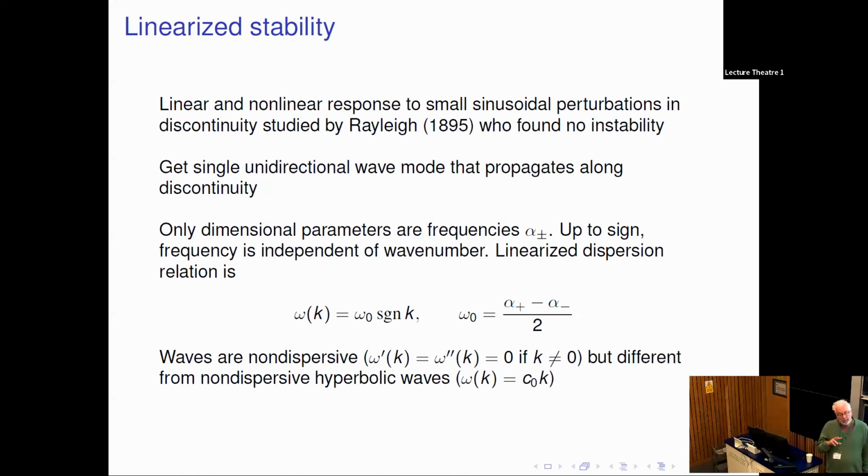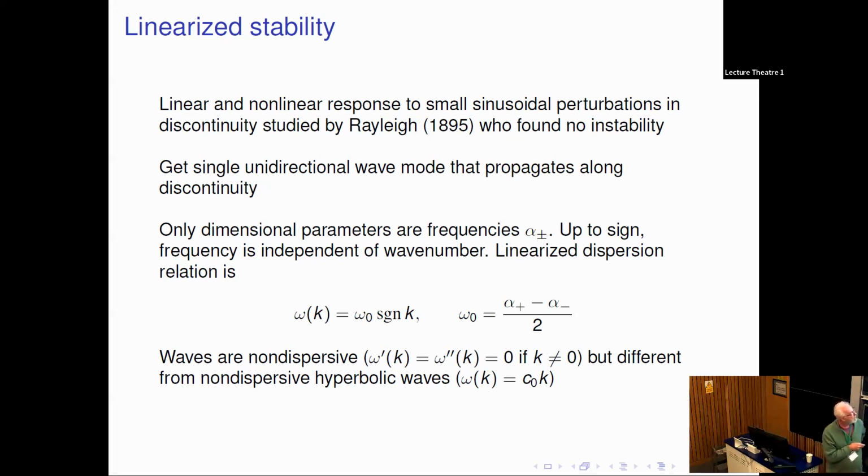Now, this problem, once you put it in a half space, there's only two parameters, alpha plus and alpha minus, which are both frequencies. And we've seen this in some of the other talks too. So the result is that if you look at the dispersion relation, the frequency of the waves doesn't depend on the wave number k.